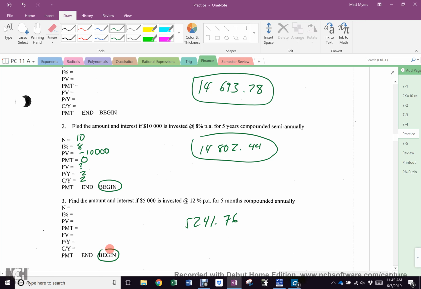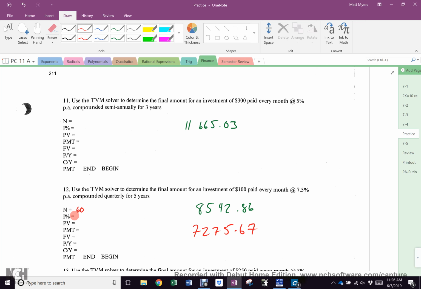Well, let's compare, shall we? I have it's 100 monthly investments for 5 years. So I have 60. Do you have 60? You don't have 60? So you did 240? Okay.